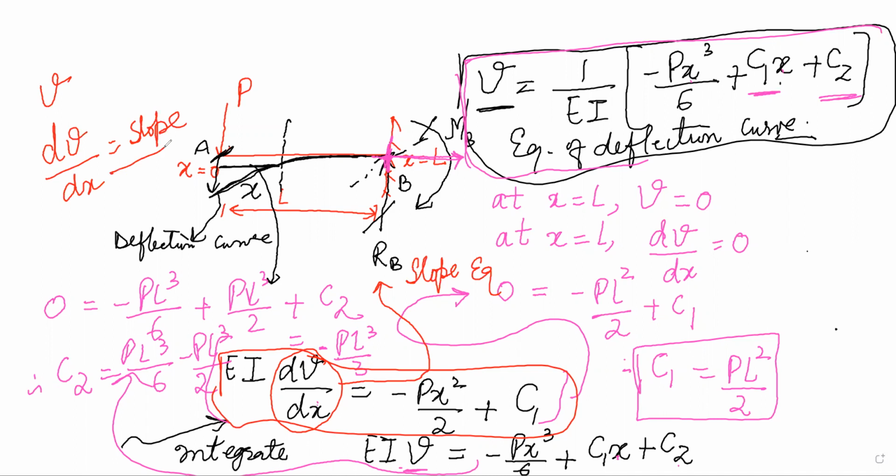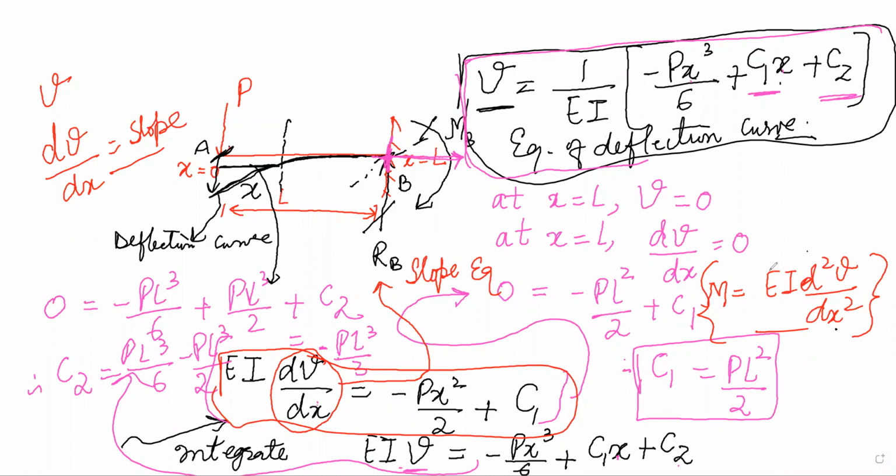So obtaining the slope and deflection for a cantilever beam or any type of beam is possible once we know how the bending moment varies in the beam, and we put M is equal to EI d²ν by dx². It is this equation that helps us in obtaining the deflection curve.